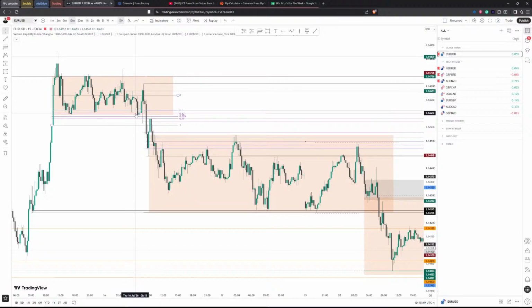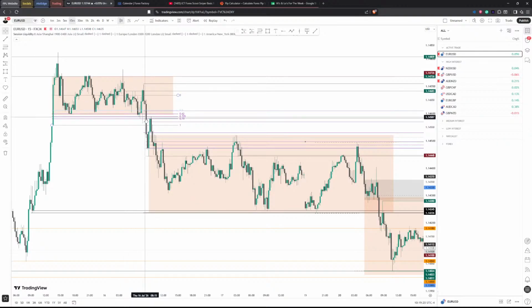Then price goes all the way to the lower bound. And price sweeps these minor equal highs we created. And then after we sweep those minor equal highs we created, we have a small displacement down, which is right here.